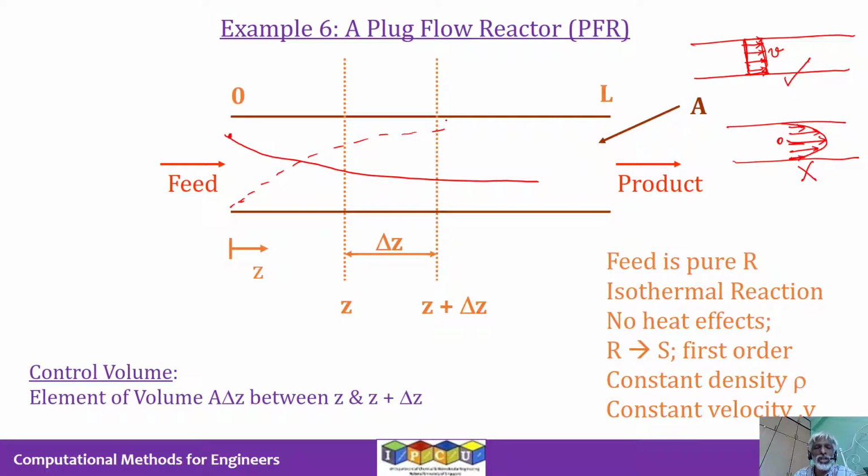But I hope you understand that within the reactor, the concentration of A or the temperature will not remain the same throughout the reactor. From the entrance of the reactor to the exit, there is typically a concentration profile or a temperature profile. The conditions inside are not homogeneous.